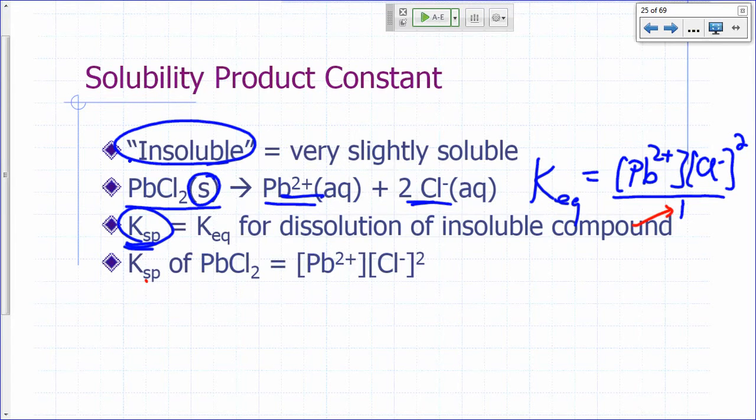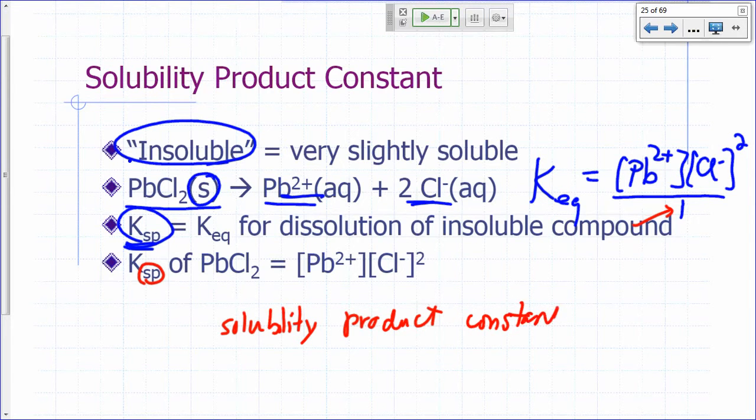That's why we call it KSP. SP stands for solubility product. So KSP is known as the solubility product constant.